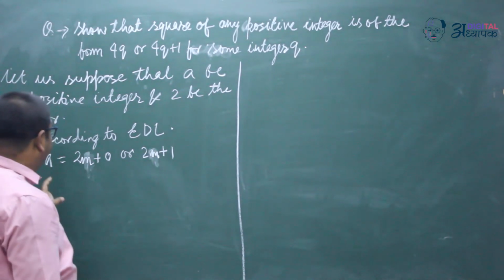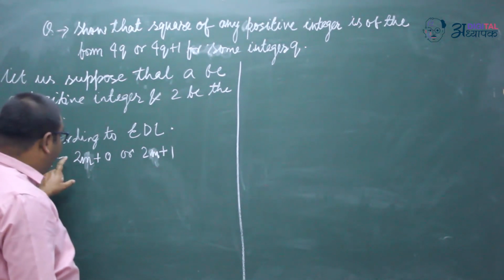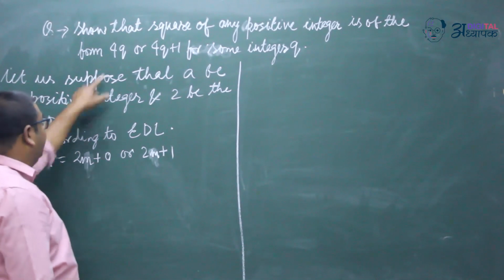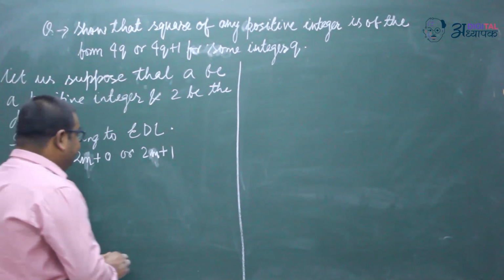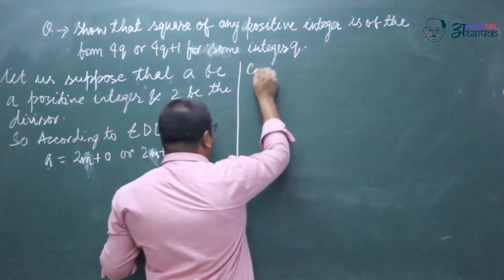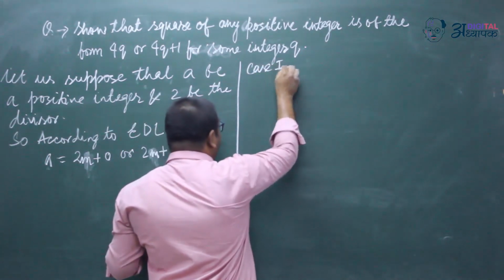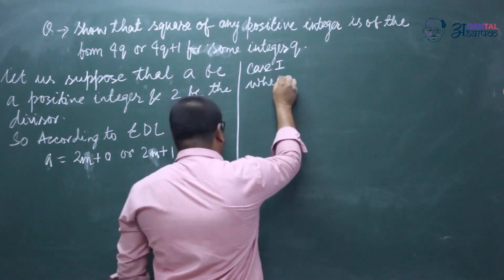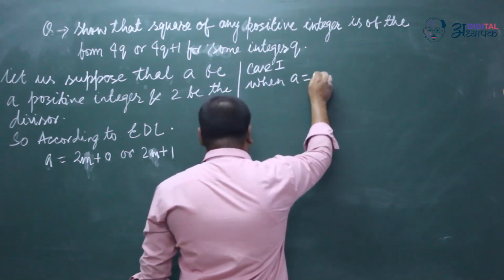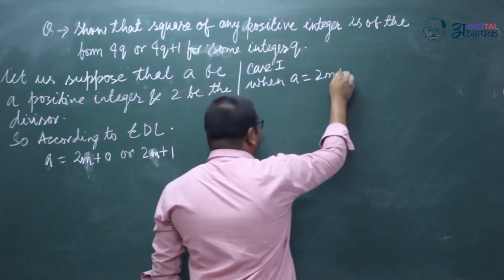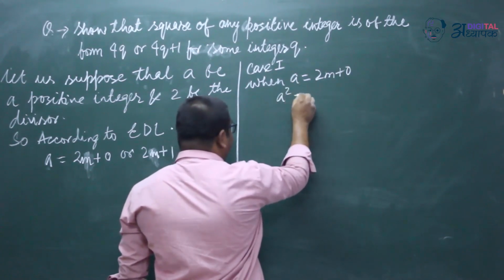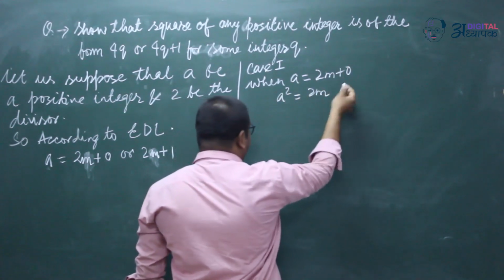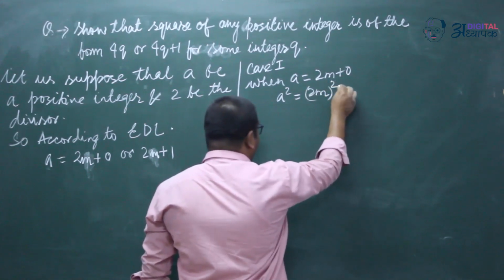Now in both the cases I have to show that the square of a is in the form of 4q or 4q plus 1. So let's do that. Case 1: when a is equal to 2m plus 0, we have to square the number. So a square becomes 2m plus 0, or you can write 2m whole square.